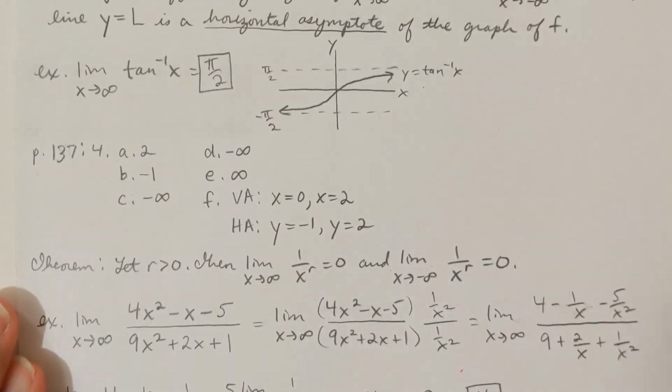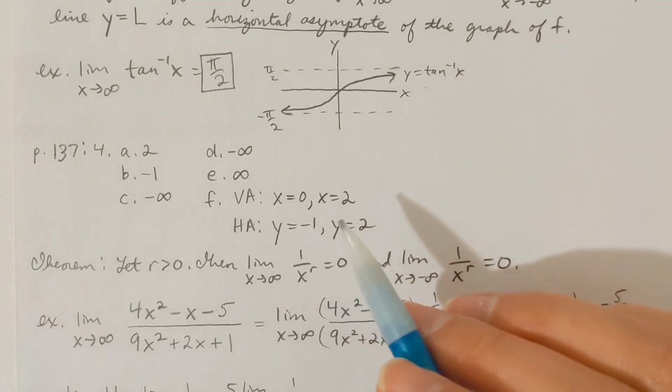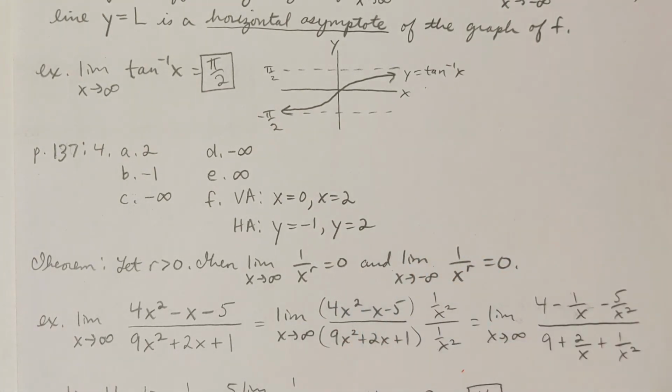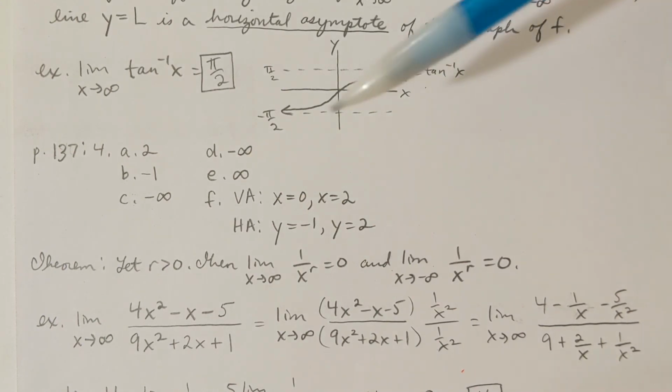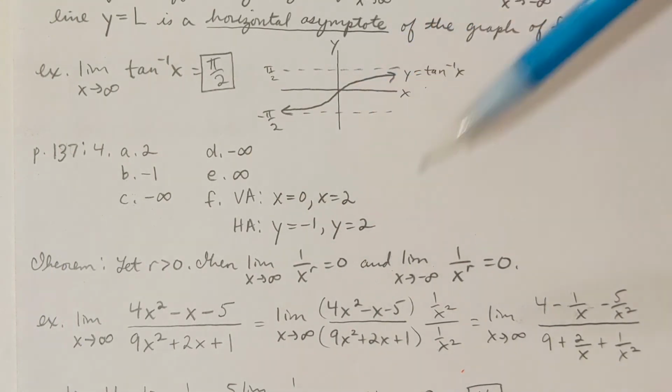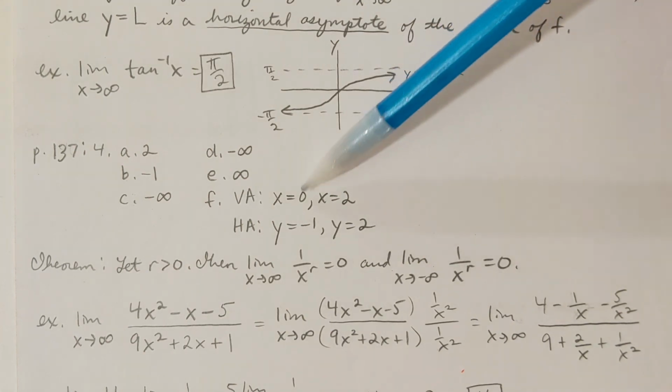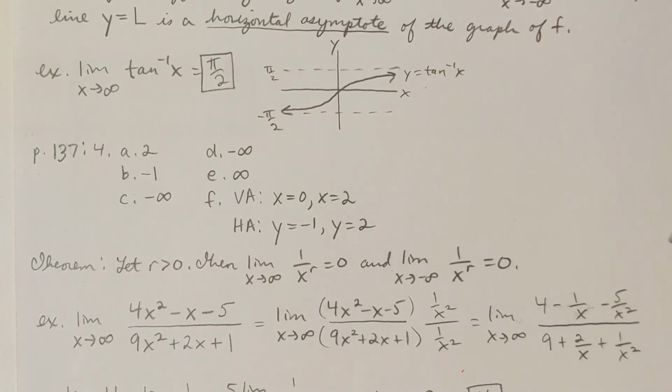Oh, and by the way, when we state the equation of an asymptote, be sure that you're writing it as an equation. I think I've mentioned that before, but don't just write 0 and 2. I would take points off for that because that can be confusing. A student could look at this and think, oh, y equals 0 and y equals 2 are the asymptotes.